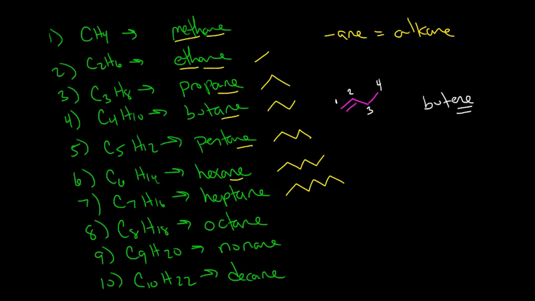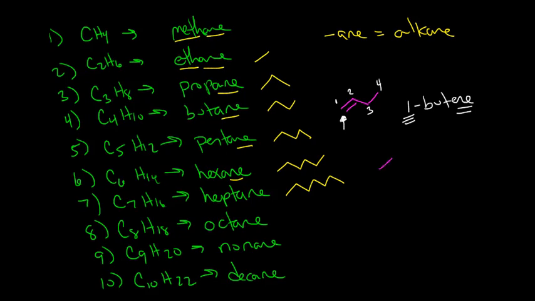So this double bond starts at the first carbon, it goes to the second carbon. So this is 1-butene. Okay? The double bond is present on the first carbon and the second carbon, but the number we give it is always the lowest number possible. Okay, let's think about a similar compound.